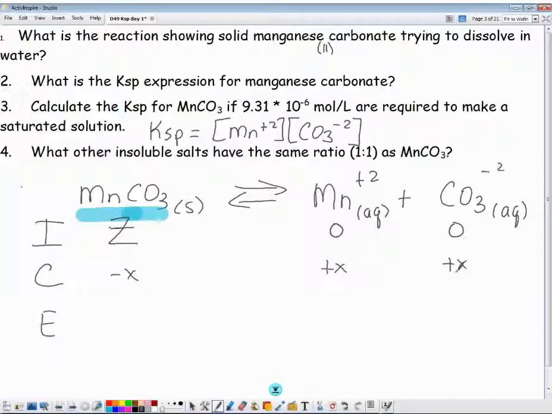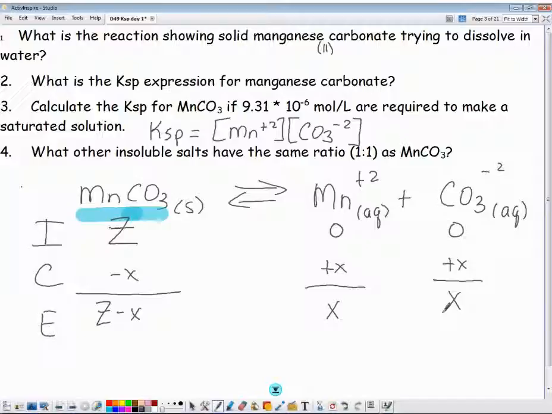Okay. Now, that means at equilibrium, we have Z minus X, but the X is going to be really small compared to the Z. And then we have 0 plus x. So x compared to 0 is not necessarily small because it's not 0. So I've got to just embrace it as x. Now, what I'm going to be doing in this chapter is I'm always going to be plugging in molarities.